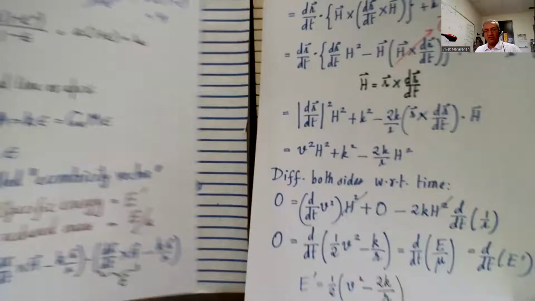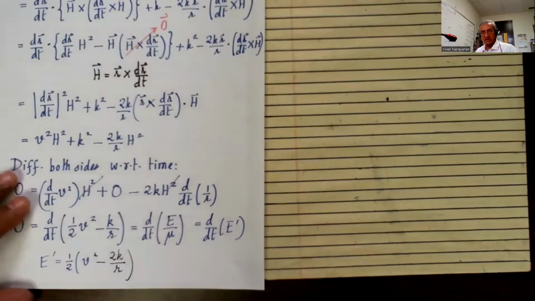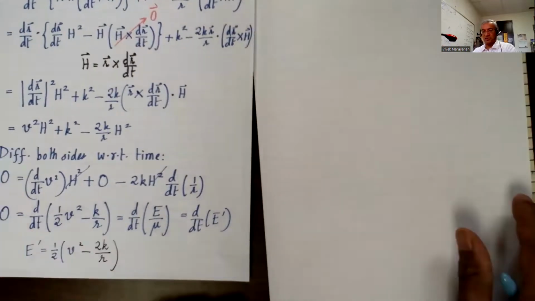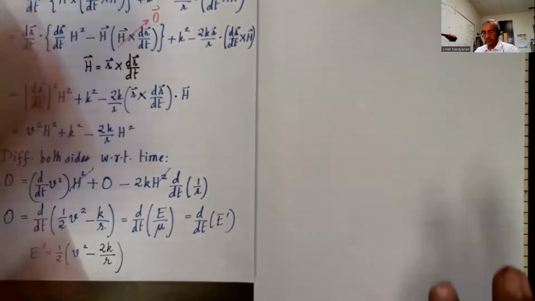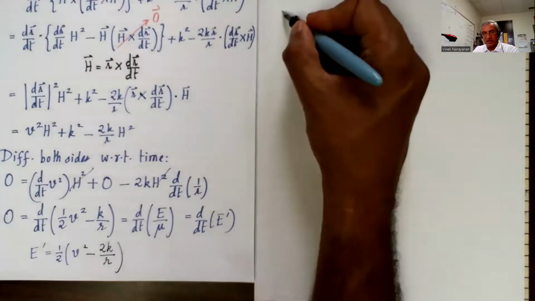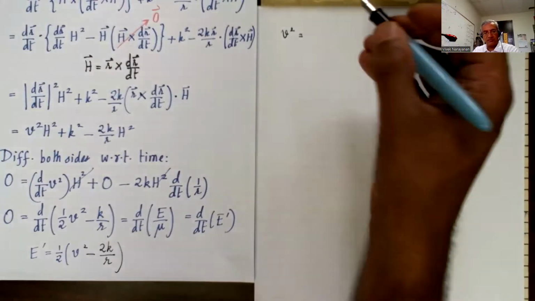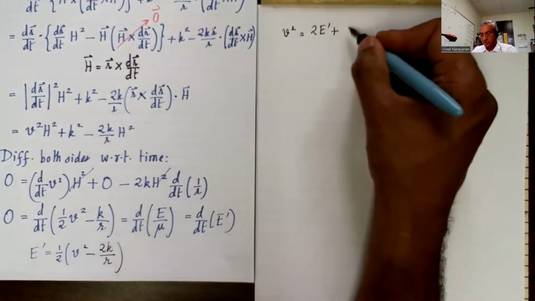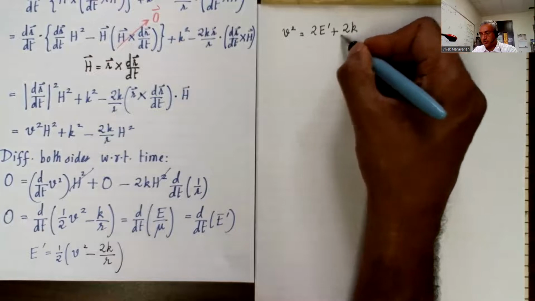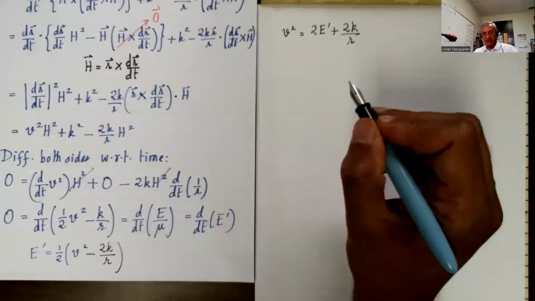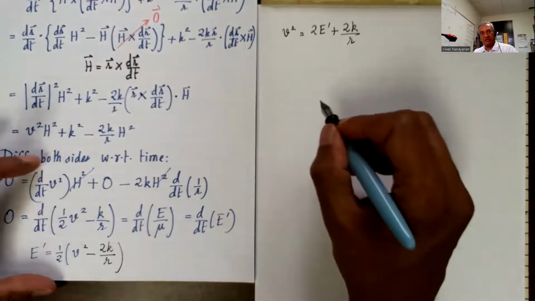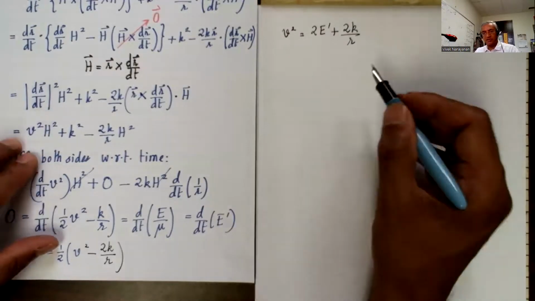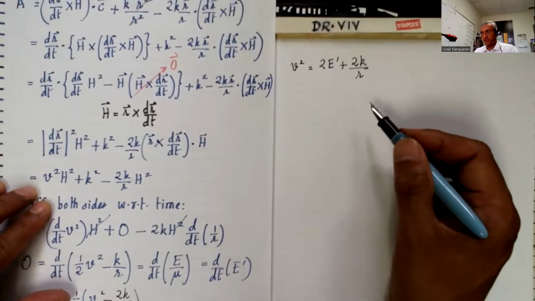Well, what this gives us, the specific energy, can now be solved for velocity. So I'm going to get v squared equals 2E prime plus 2k over r. Now let's go back to a squared. The whole point of this exercise was to figure out what the square of the velocity is. Now that we know it, let's go to a squared to find out what it is.